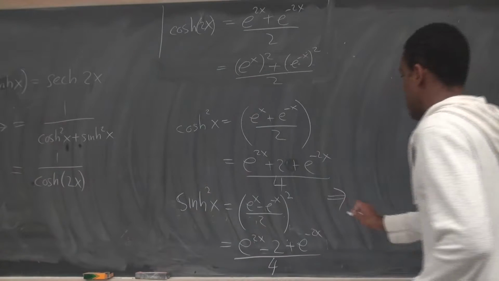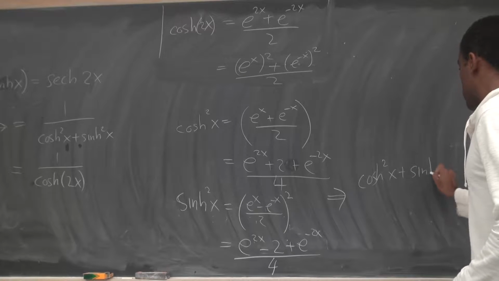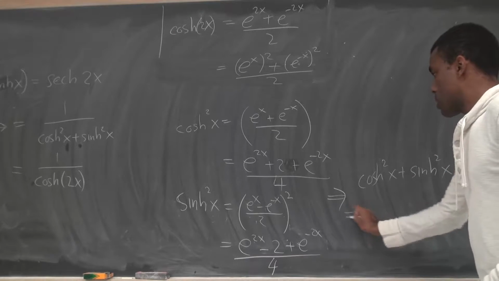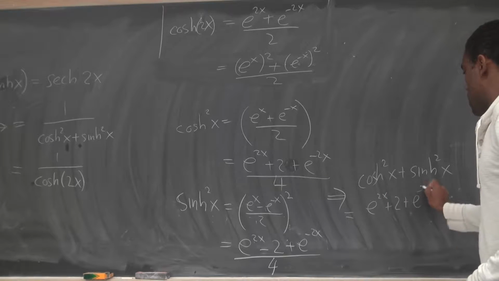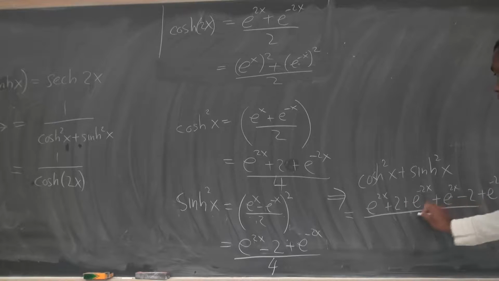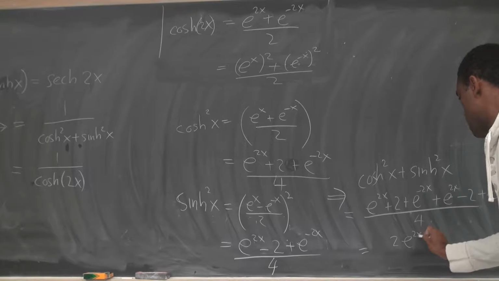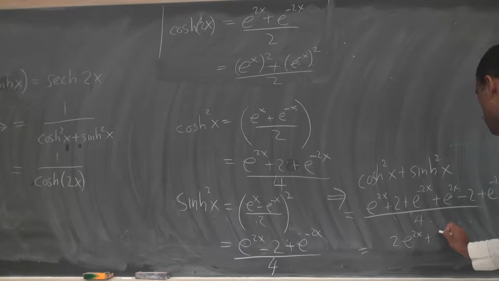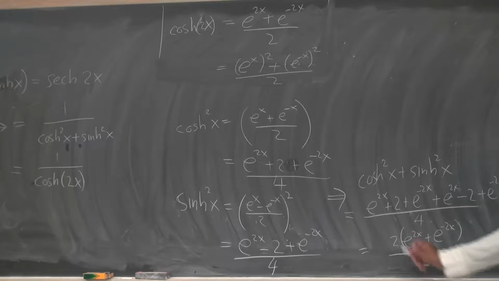And of course, if I add these two, cosh squared x plus sinh squared x, I would end up with e to the 2x plus 2 plus e to the minus 2x plus e to the 2x minus 2 plus e to the minus 2x all over 4. This will give me 2 e to the 2x plus e to the minus 2x all over 4. This will cancel that.